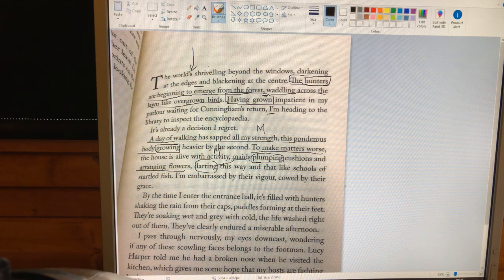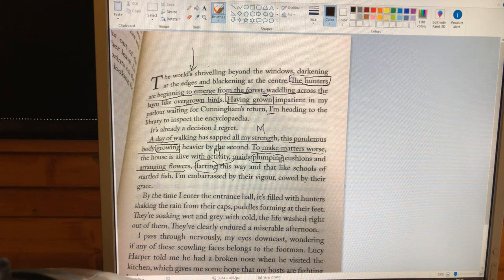So what's the difference between a participle phrase and an absolute phrase? Well, the difference is simple. Participle phrases start with participles. Absolute phrases start with nouns, and then they have the participle, and they don't have the auxiliary verb. That's really important. So darting this way and that is a participle phrase, but maids plumping cushions is an absolute phrase.